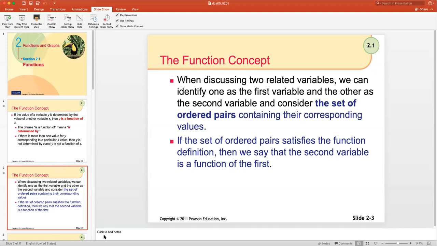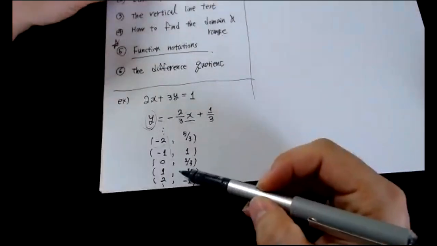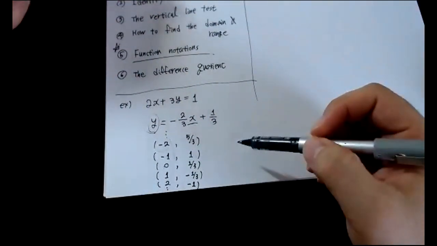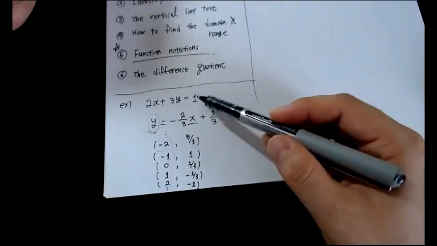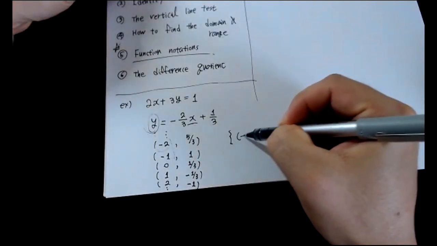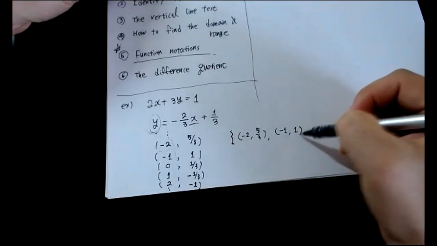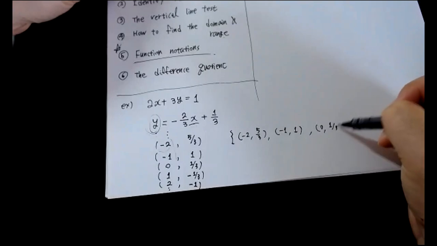Back to the slide. We'll see an example. Sometimes problems give you not an equation, but a set of ordered pairs like this: (-2, 5/3), (-1, 1), and (0, 1/3).